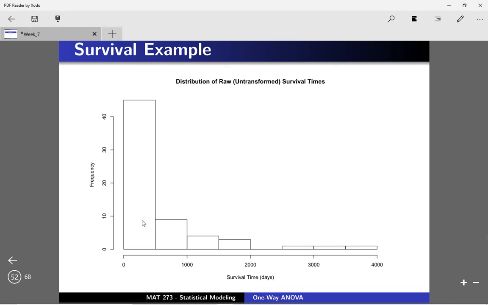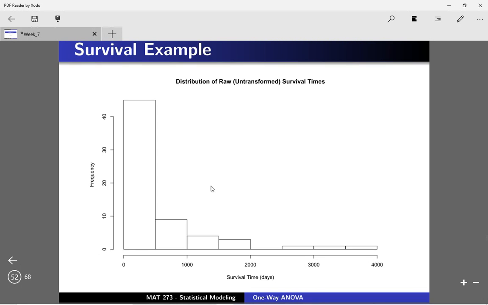And it's not that we need the raw values to be normal exactly. We're looking at the residuals for the assumptions being normal. But usually, if the raw response values are looking very skewed like this and not normal, it'll often be the case that the residuals are not looking normal as well.